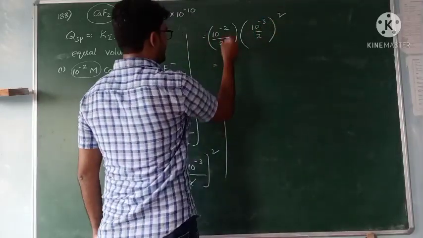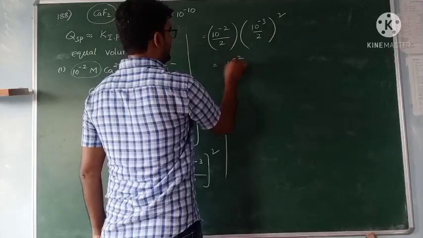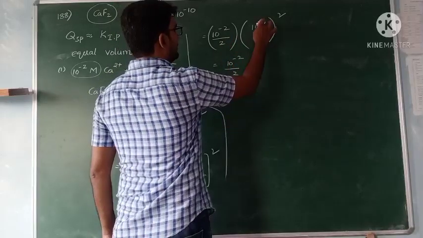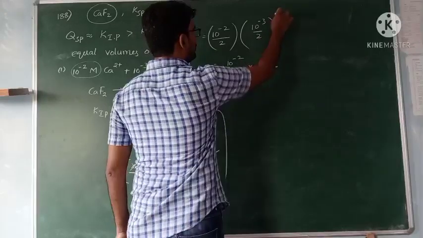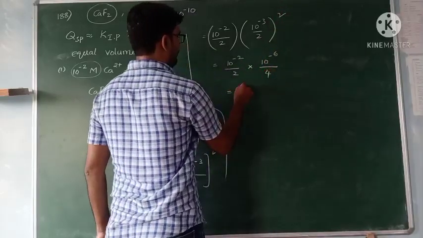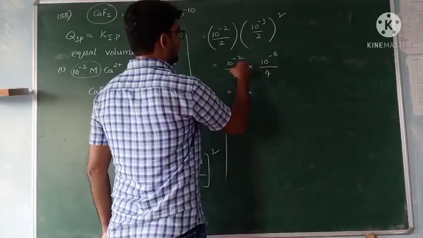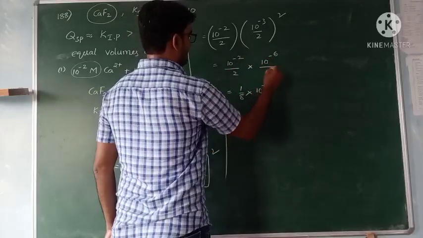So this is equal to 10 to the power of minus 2 by 2 into (10 to the power of minus 3) whole square, that is 10 to the power of minus 6, and 2 squared is 4. So 1 by 8 into 10 to the power of minus 8.